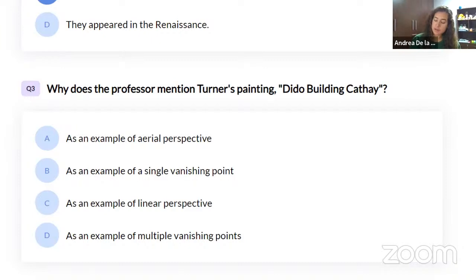I don't know, to be honest. I don't think so. I think this was mentioned towards the beginning of the lecture. So I would say probably an example of aerial or maybe linear perspective, but I wouldn't say vanishing points. But let's see.